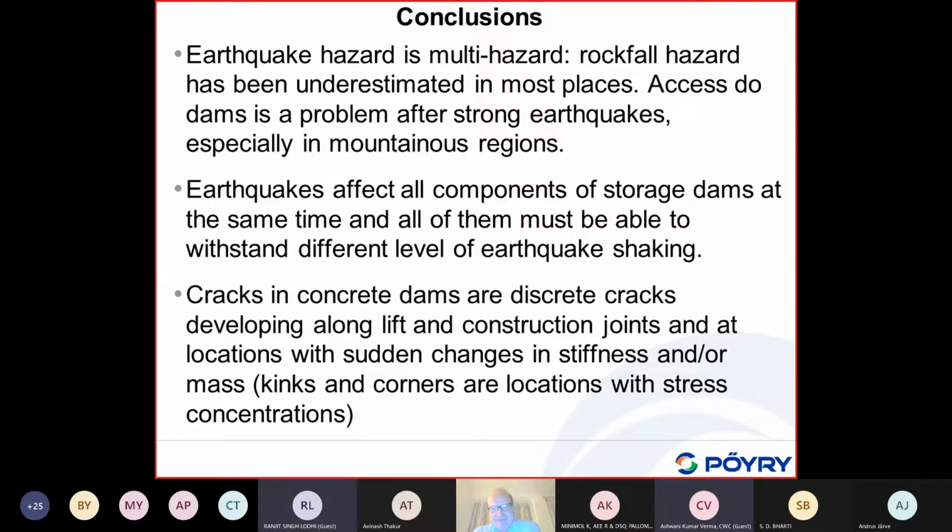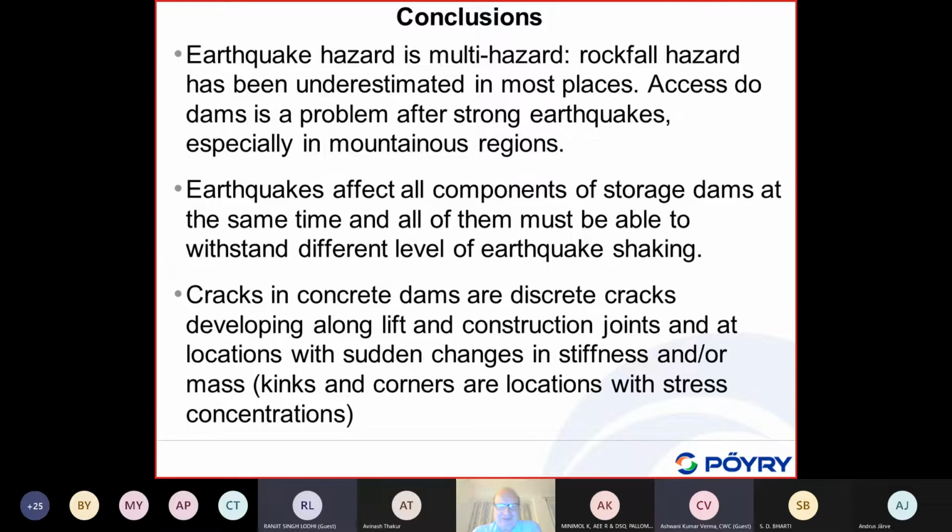And we have clearly seen that, and I have shown here a lot of photos of rockfalls, which are quite dangerous in such locations. I must say people were also fortunate that due to rockfalls they didn't have larger consequences, as in the case during the Wenchuan earthquake, for example.